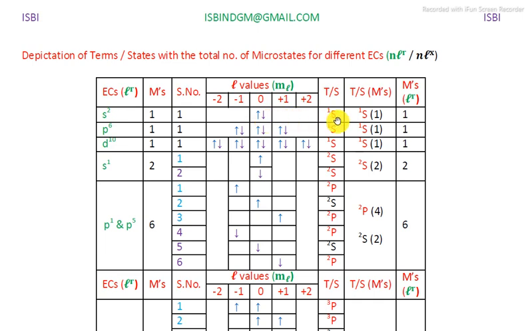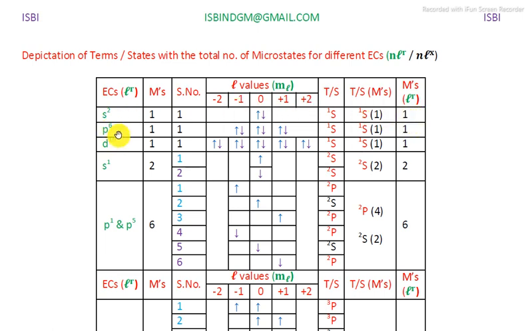The term is S. Number of unpaired electrons 0. Total spin multiplicity is 1. Term or state is 1S with the number of microstates 1. The total number of microstates is 1 for the electronic configuration s2.